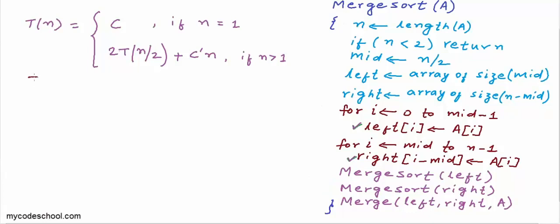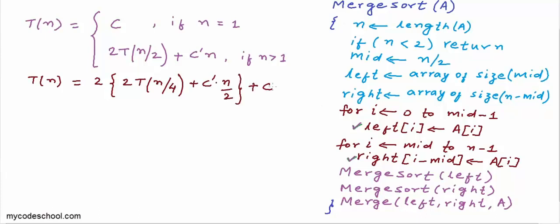T(n) here is equal to 2T(n/2) plus c'n. Now T(n/2) can also be written as 2T(n/4) plus c' into n/2. And of course we will have one more c'n outside here, and this will evaluate to 4T(n/4) plus 2c'n.